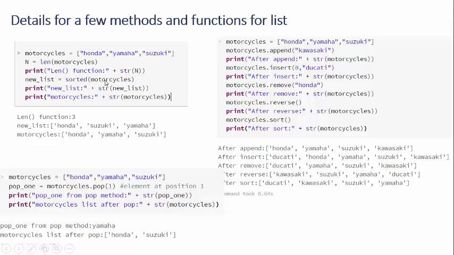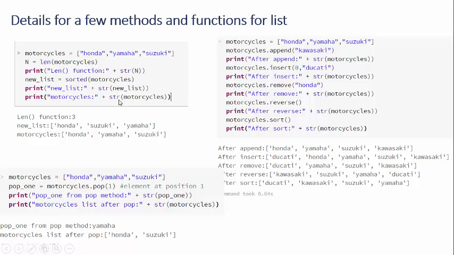But the sorted function is not going to change the content of motorcycles. So that's the difference between the sorted function and the sort method itself. The sort method changes what is inside the motorcycles list. After we apply the motorcycles sort method, motorcycles itself is already changed. But in this case, we apply the sorted function, we get a new list, but the motorcycles list, the original list, still remains the same.